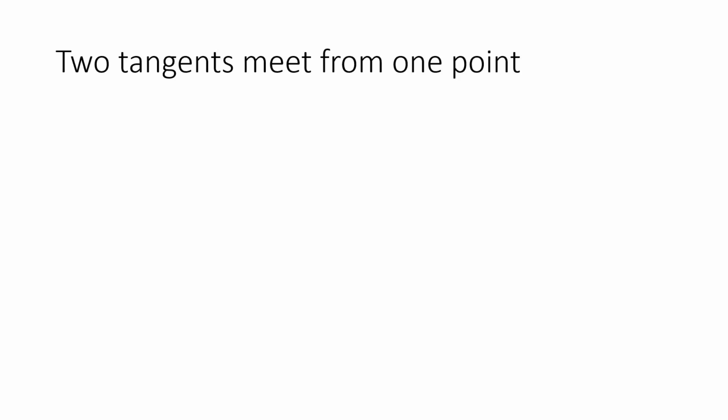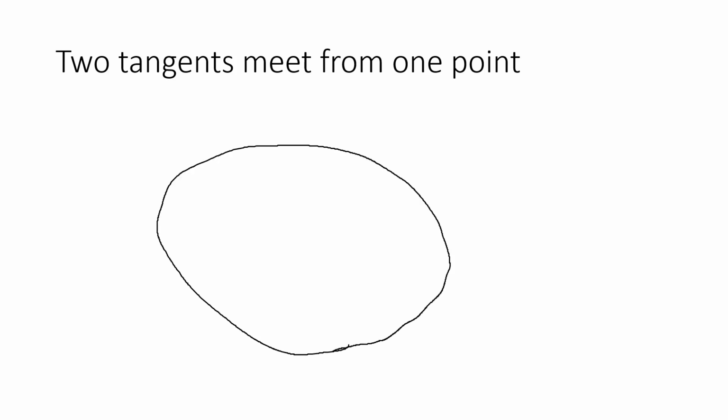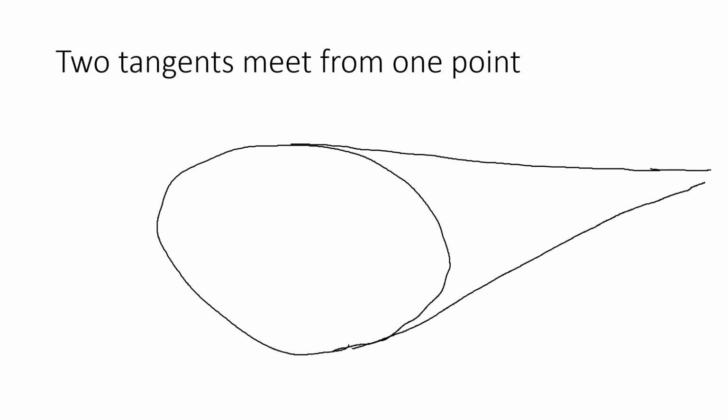Circle theorem number 7. Two tangents from a point will always meet at one point. So let's say we have two tangents that look something like that. These two will meet at the same point. This means that these two lengths here are equal.